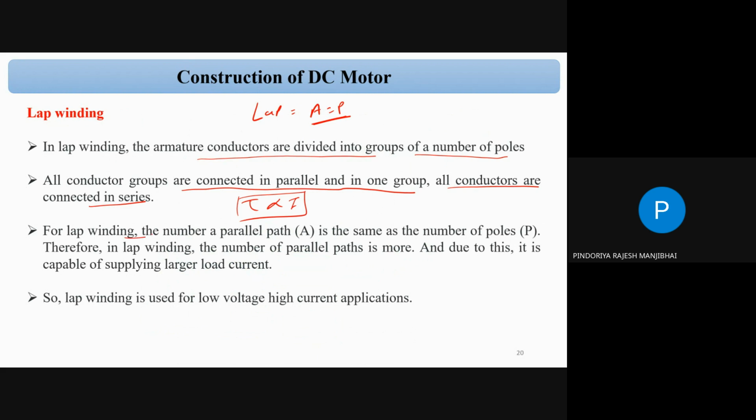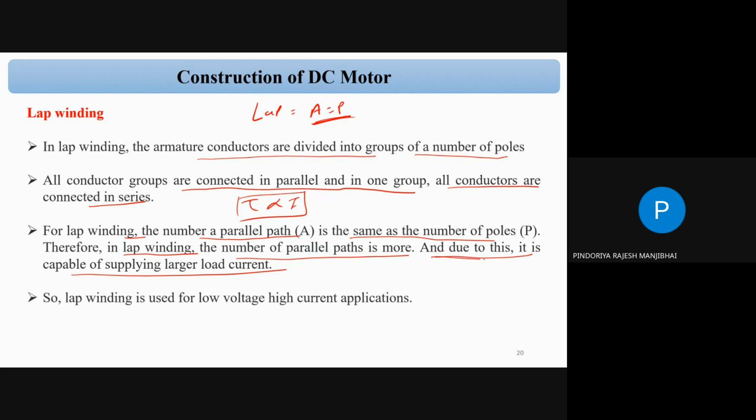For the lap winding, the number of parallel paths, that is A, is the same as the number of poles. Yes, the same relation, A equal to P. Therefore, in lap winding the number of parallel paths is more, and due to this it is capable of supplying a large load current. That's why we have two windings: one is lap winding and the second is wave winding.